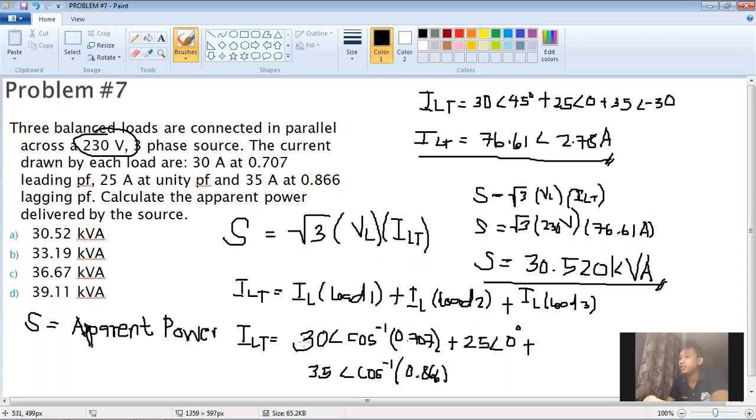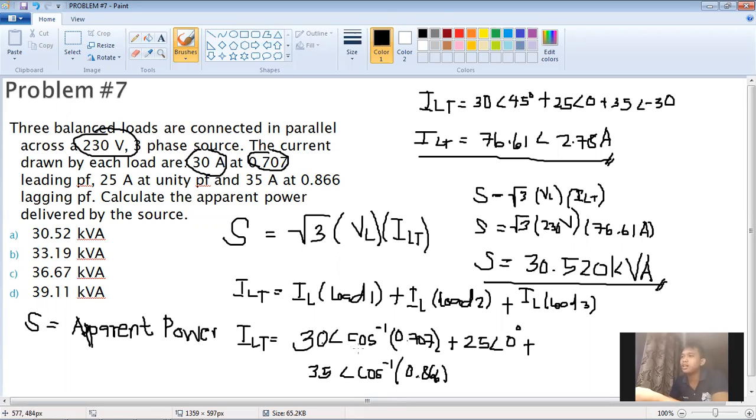Take note that load 1 is 30 amperes at 0.707 leading power factor. We can use that in complex or rectangular form.